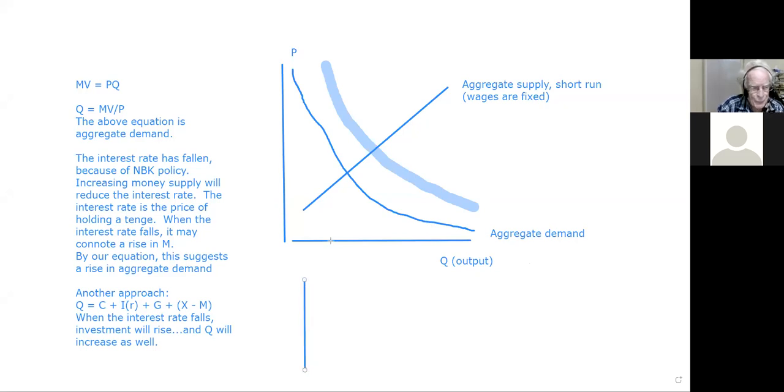So here's the long run analysis. Again, we have output on the horizontal axis and the price level on the vertical axis.